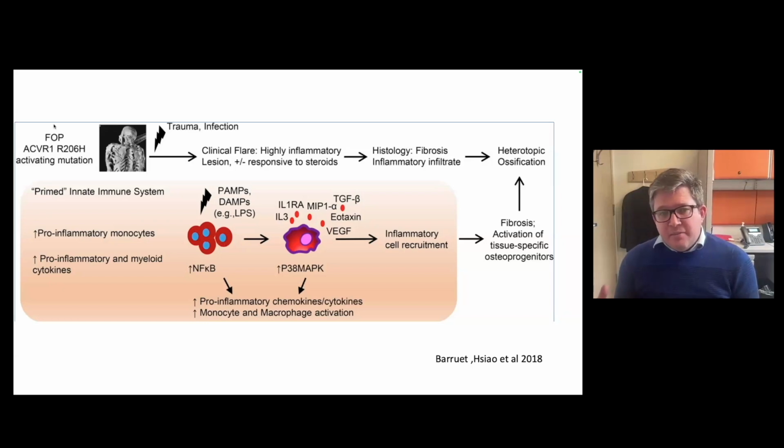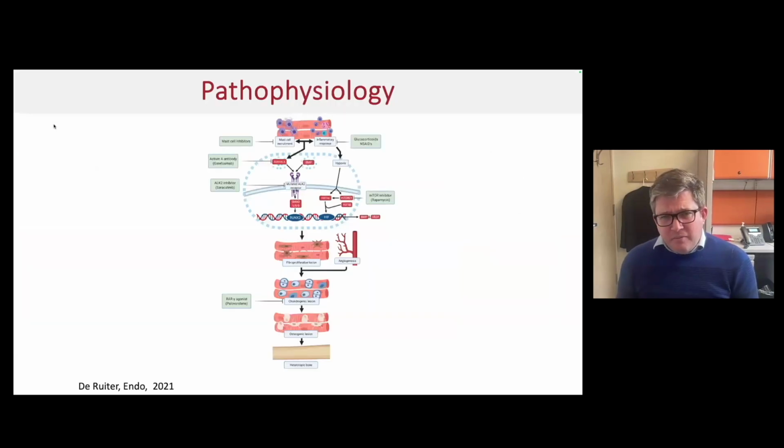And that system of damage-associated molecular patterns and pathogen-associated molecular patterns being recognized by the immune system, which is already primed to be more responsive than in people without FOP, that leads to recruitment of these inflammatory cells to the area, and they all participate in the milieu that causes the activation of the tissue-specific osteoprogenitors that lead to heterotopic ossification.